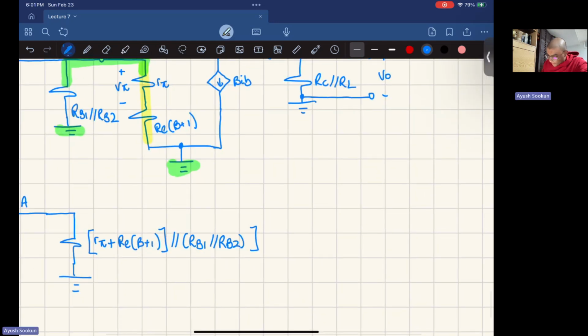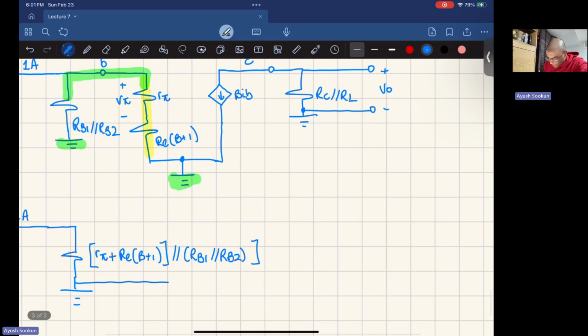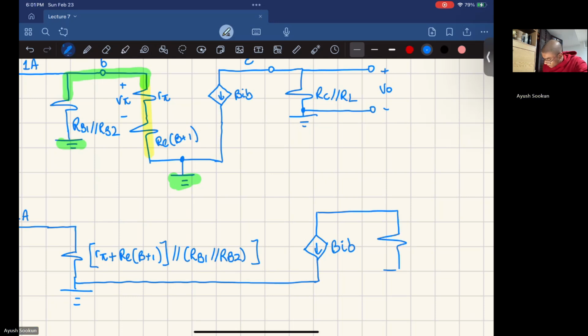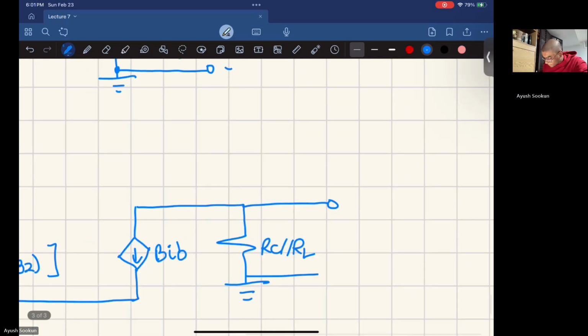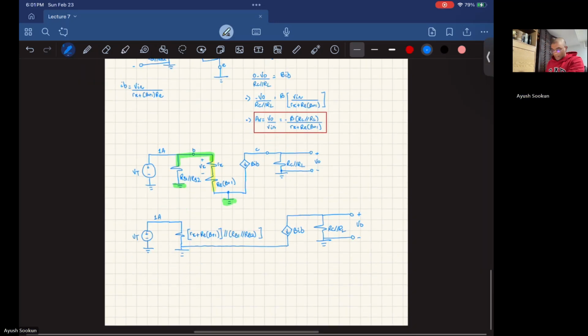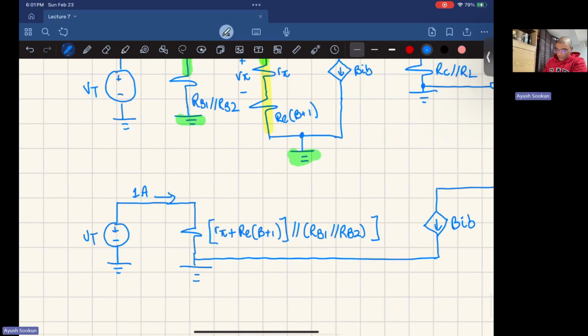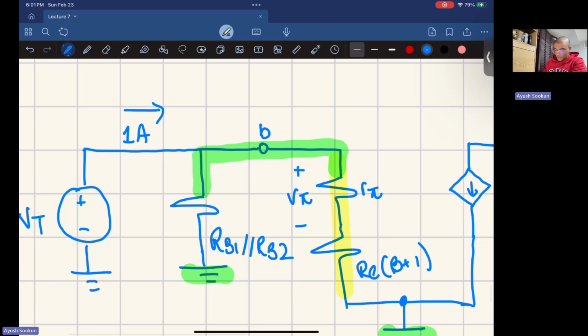And then the rest of the circuit is involved, where we have a current dependent current source, beta IB, and this is connected to RC parallel with RL. And this 1 ampere is going into the circuit, by the way, Thevenin convention.